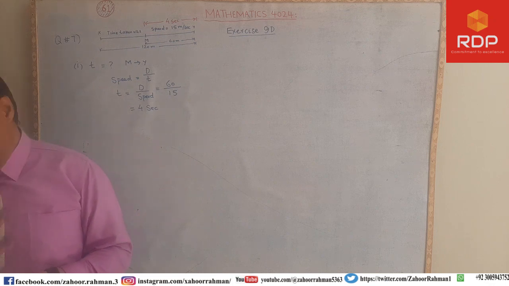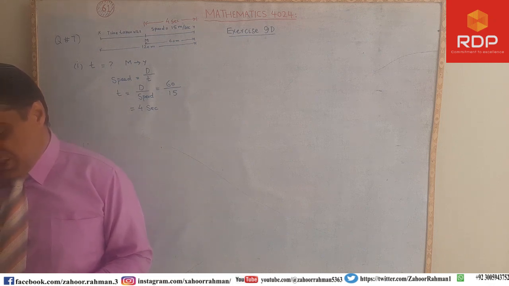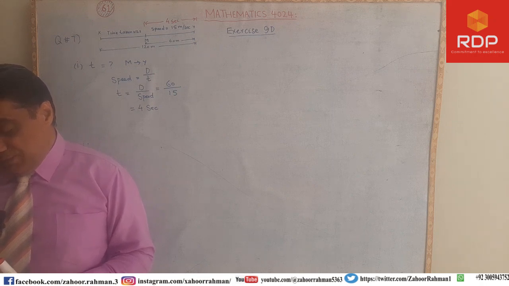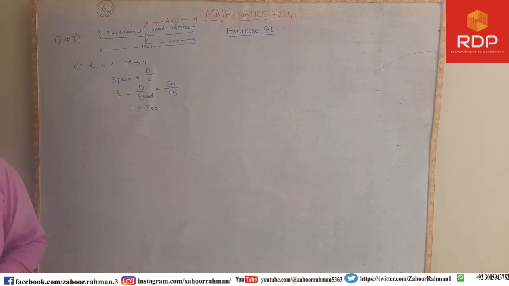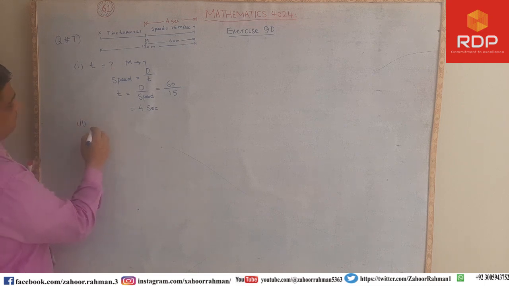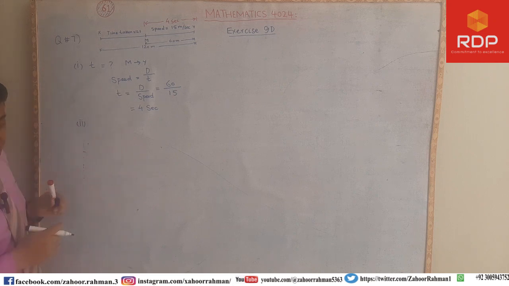Now the second part of this question is saying find the average speed of the object for its entire journey from X to Y. So we have to find the average speed.